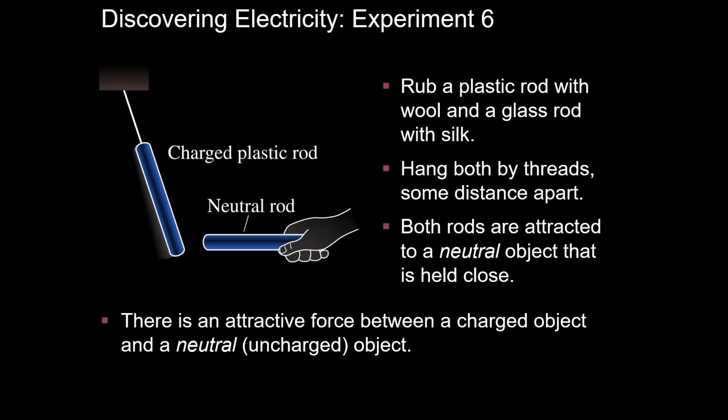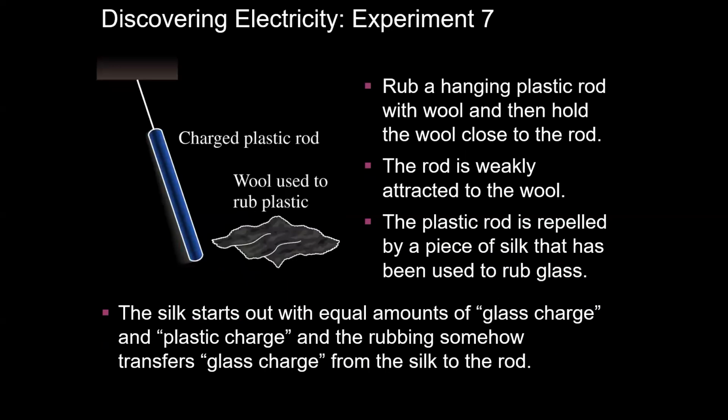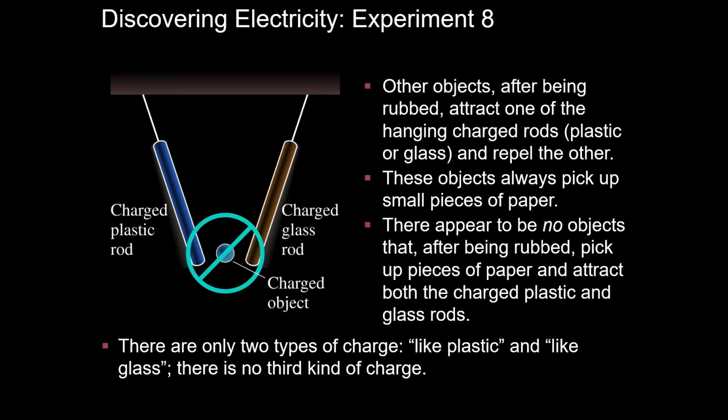we see that the uncharged rod or the unrubbed rod is attracted to the charged rod. Well, now if you bring that uncharged rod back to in the middle here, you'll see that this effect is produced. So you will never see this effect if the middle thing is charged. You will see this effect every time if the thing in the middle is neutral.